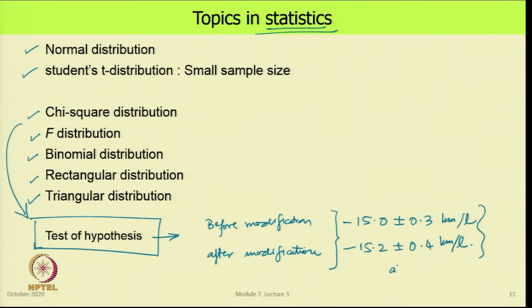And if so, at what confidence level? So, this is something we cannot straight away answer from what we have learned so far. It needs an understanding of the test of hypothesis. So, there is a lot more beyond what we have looked at in this course, and in advanced topics of uncertainty analysis, many of these will be required.